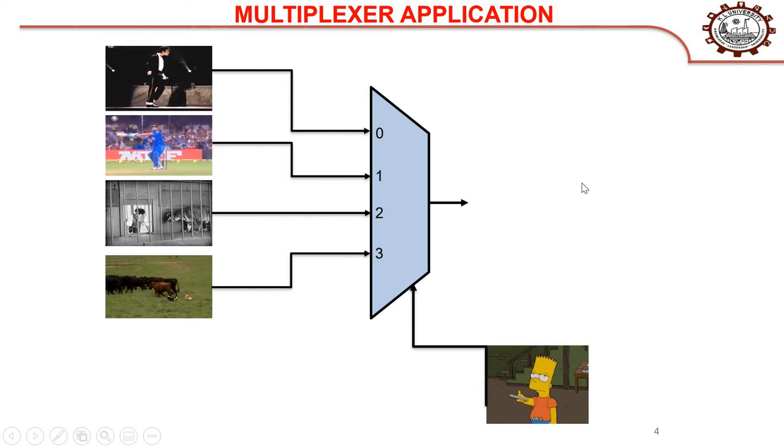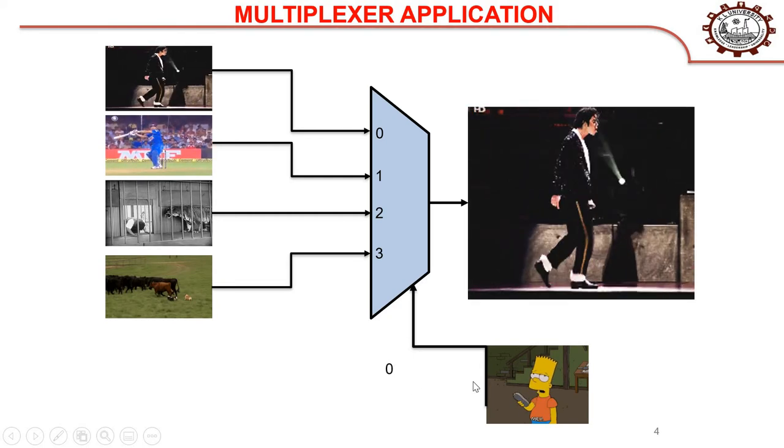Suppose you press 2, the second channel will come; you press 3, the third channel will come. So what is the selection here? Whatever remote key you are pressing is the selection. All the channels are available, but at a time you can see only one channel, which you select through the remote. That I am calling the selection.